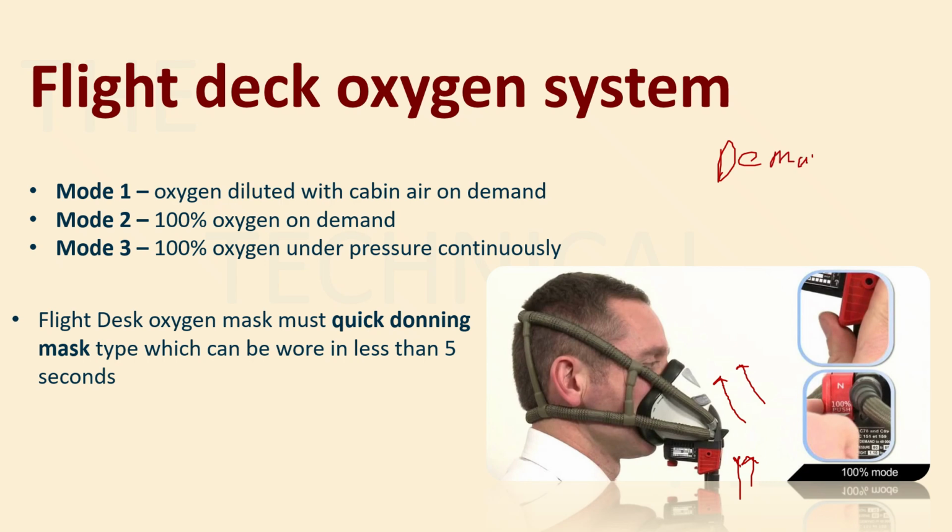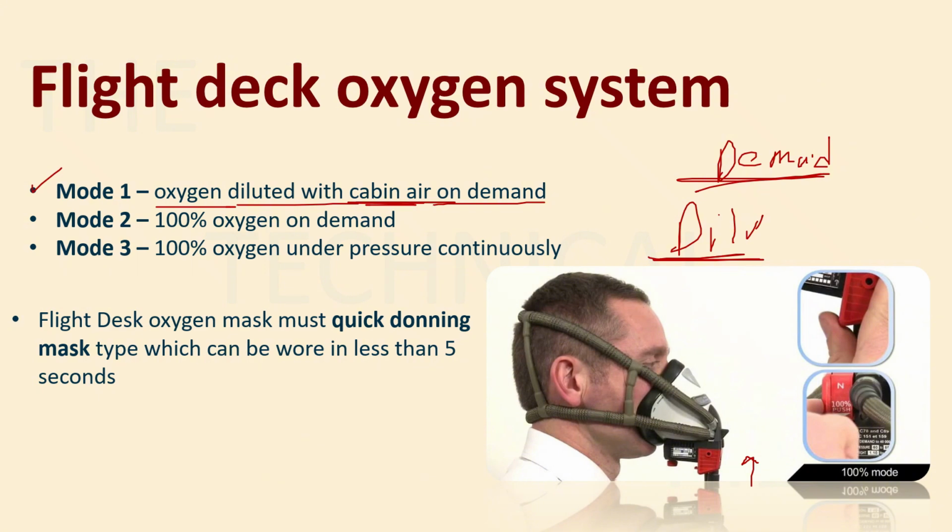As the demand is there, the oxygen will be present, and it is known as a diluter demand because the oxygen coming in can be diluted with cabin air or it can be pure oxygen, that we'll see. So these are the three modes. Mode 1, the oxygen is diluted with cabin air on demand, right? On demand again means the same thing as the pilot creates a demand.